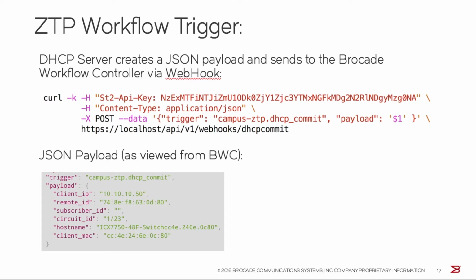Now let's look back at that DHCP trigger that started the whole workflow. When the DHCP server got the IP request, it did something called an onCommit function that would basically package up all of the information: the client IP, the remote ID, the subscriber ID, the circuit ID, the hostname, the client MAC, puts that into a JSON structure, and then does a bash curl call.